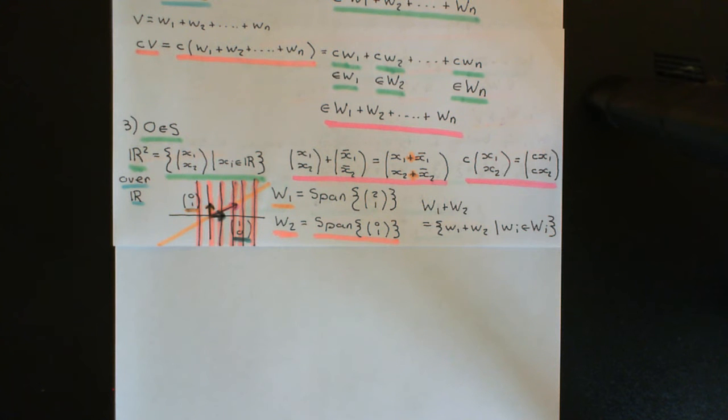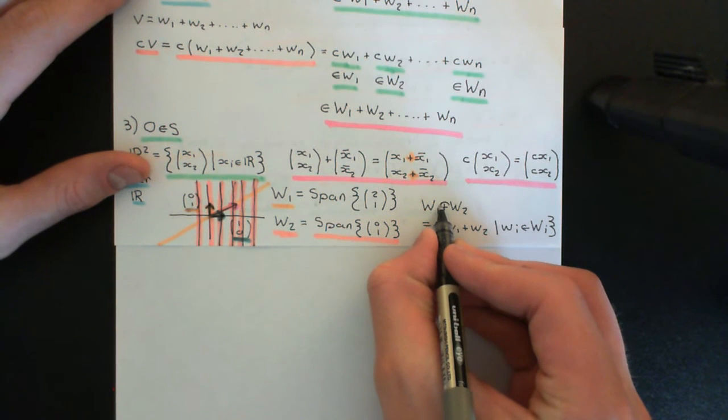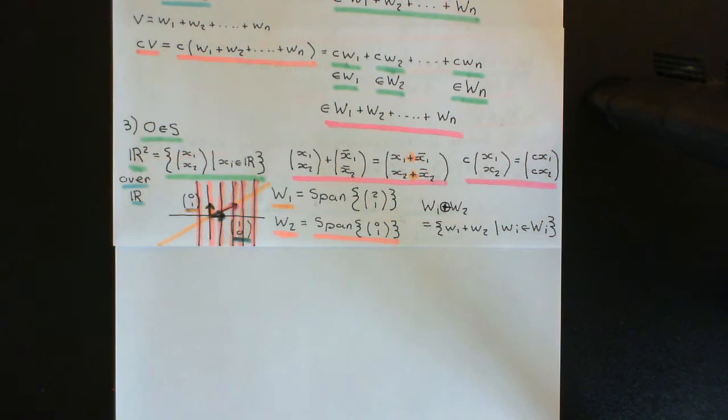So the intersection of those two is just going to be the zero vector. So those two are indeed independent, and this in fact was a direct sum. So we could have put a circle around there. It was a special sum because both of the subspaces were independent from one another.